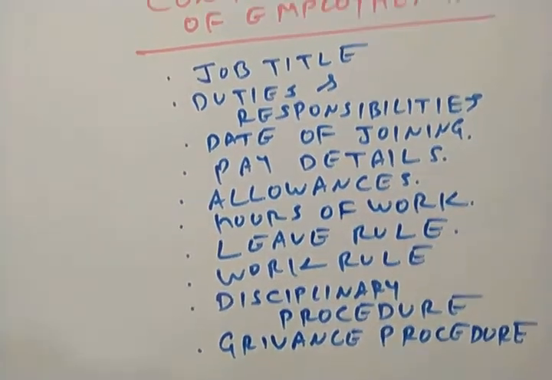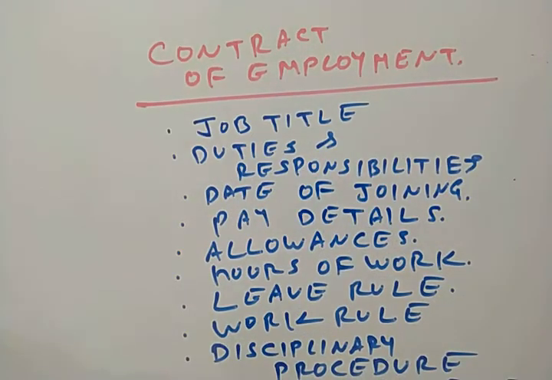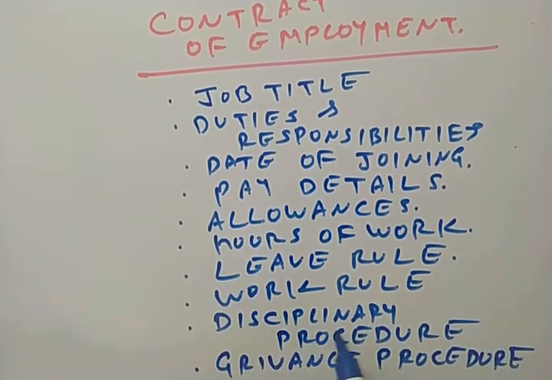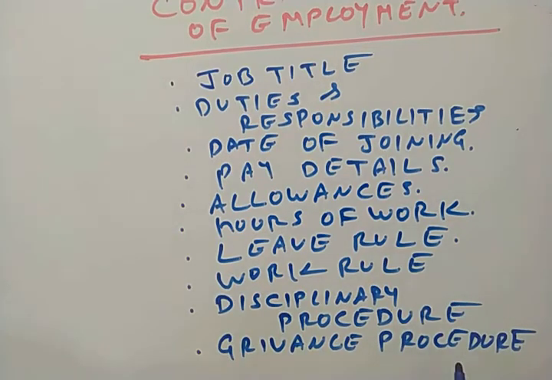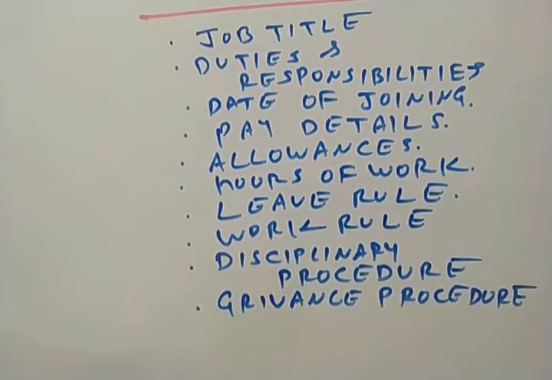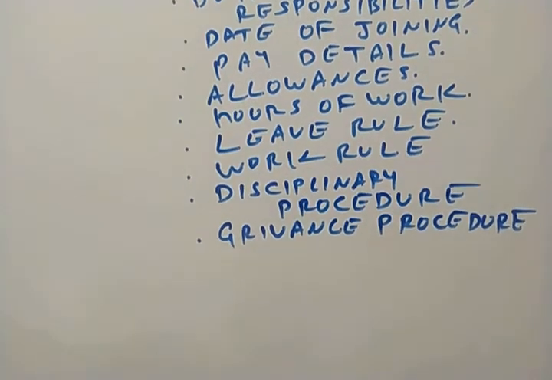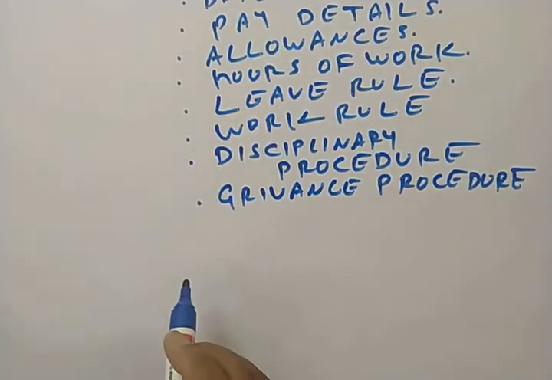So, like this contract of employment is prepared. It is a very detailed contract in which job title, duties and responsibilities, date of joining, pay details, allowances, hours of work, leave rule, work rule, disciplinary procedure, grievance procedure, etc. are given. So, like this, we have completed the selection procedure.